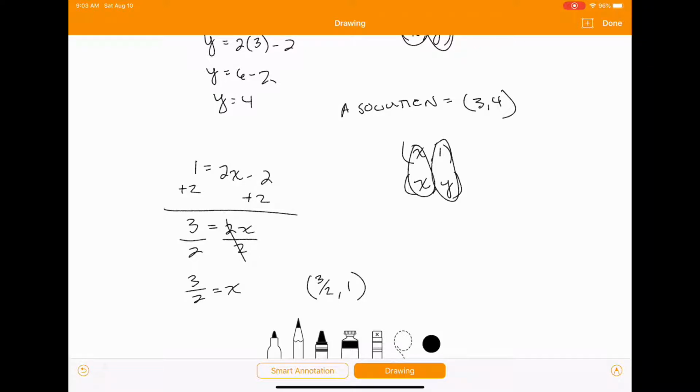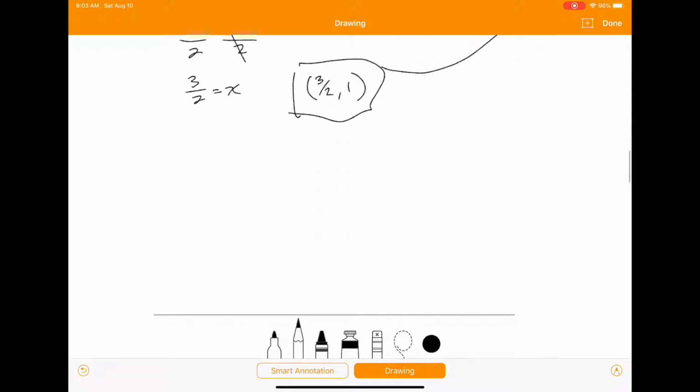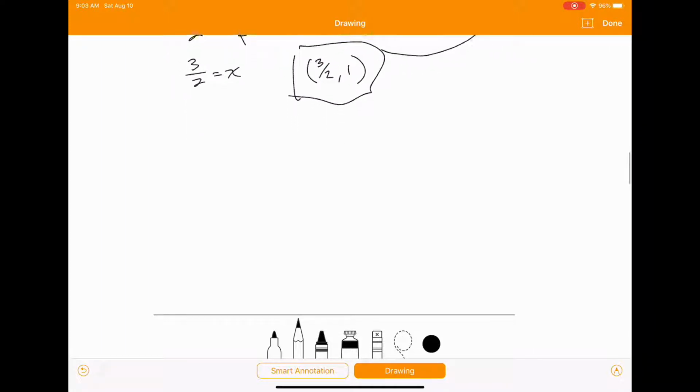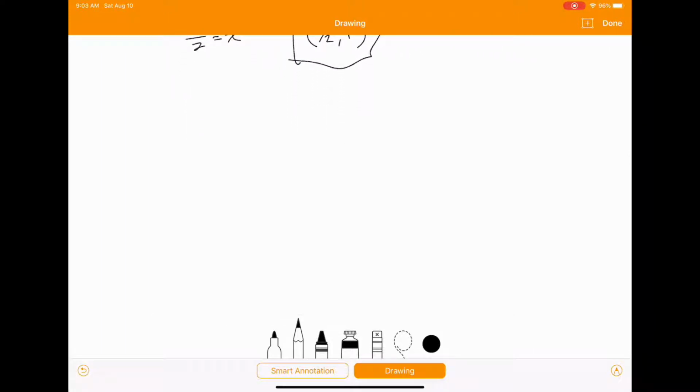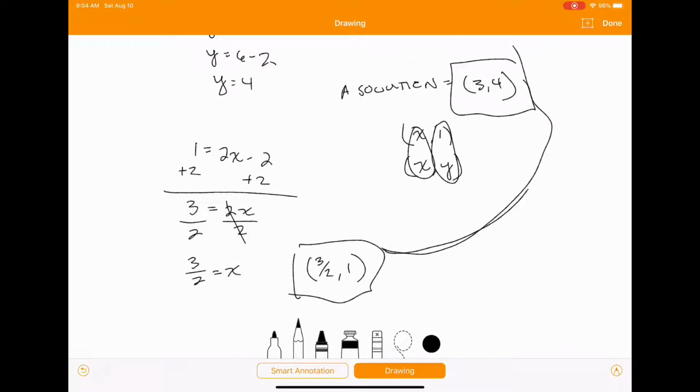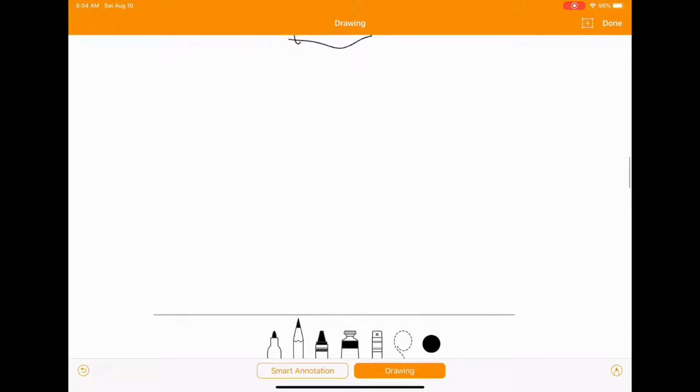So what do these solutions actually mean? If you were to graph a function, it means that the line from that function on the graph goes through these points here. So let's go ahead and look at the function y equals x plus 1. Let's keep it simple.